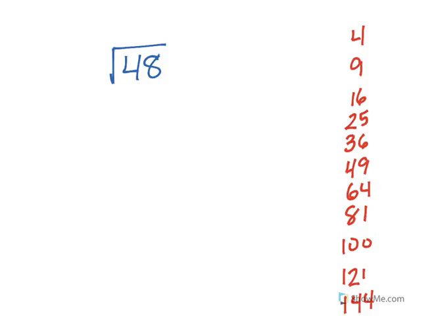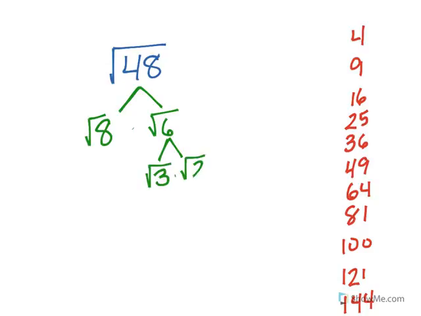Okay, so here's one more that's a little bigger. 48. Let's do 8 times 6. So you can pause this if I'm going too fast. But I'm going to get to all my primes.